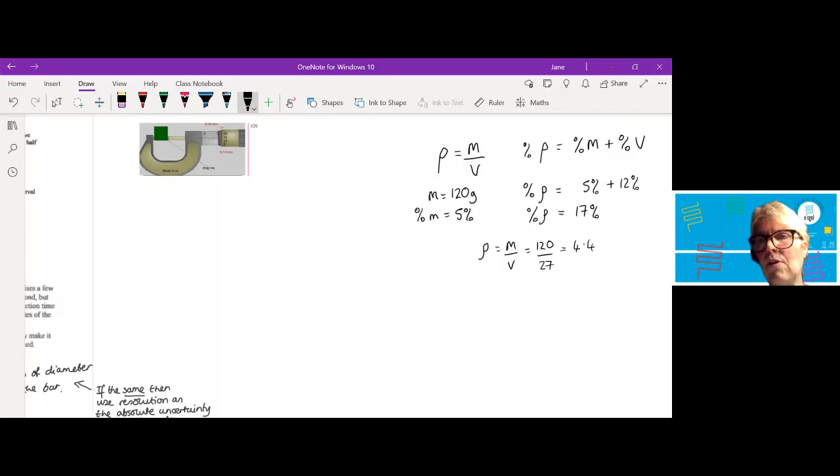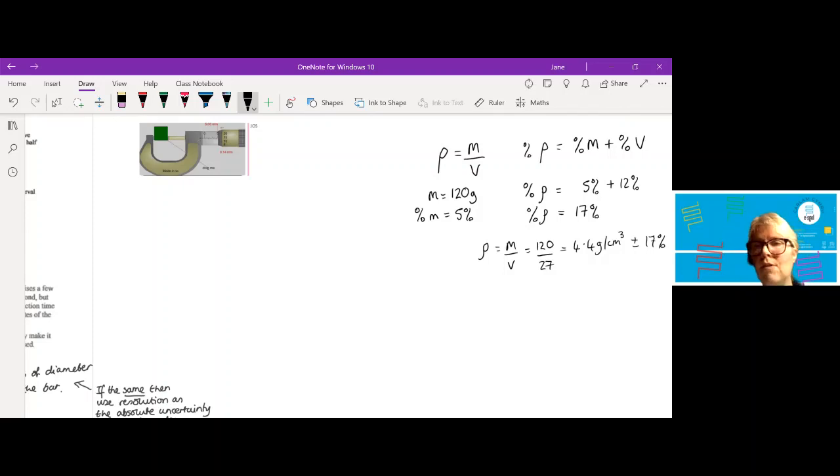Now I'm just going to use grams per centimetre cubed. I'm not going to try and be clever and convert it into kilograms per metre cubed. Let's just stick with what we've got, keep it simple. Plus or minus 17%. Now I don't round the 17% to 20 because it starts with a 1. I leave it to 2 significant figures.